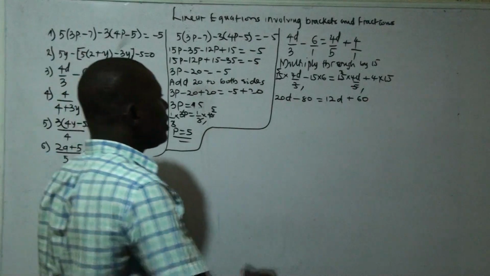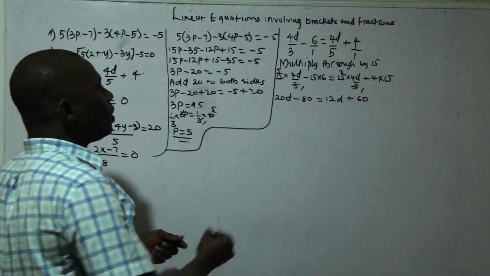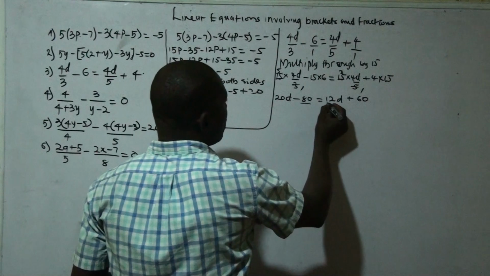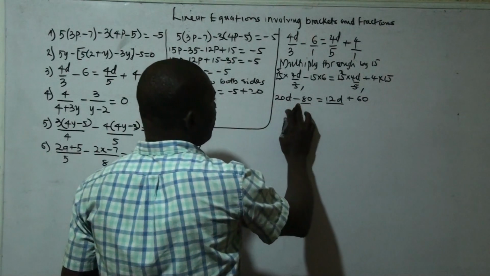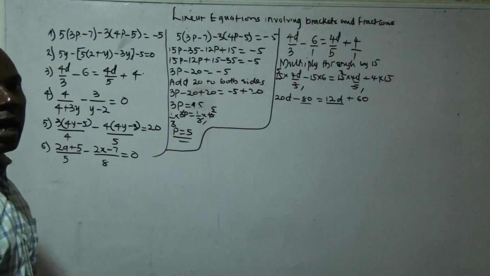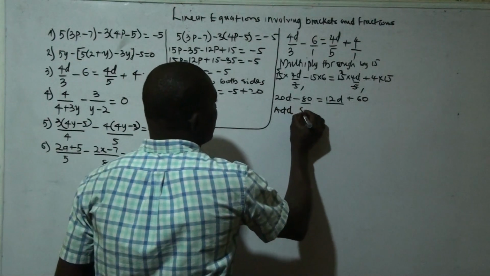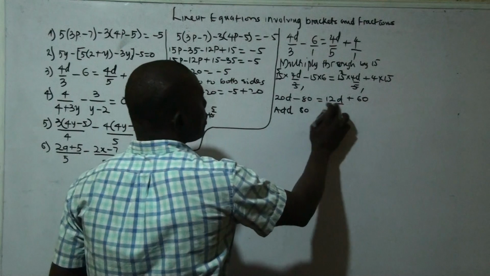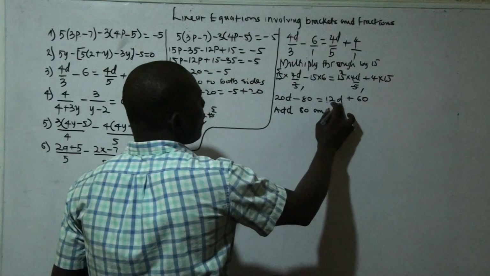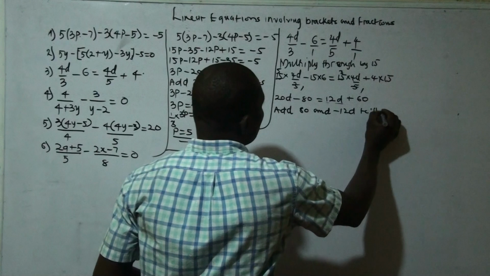Having this kind of linear equation, we collect like terms by identifying the constants and the unknown terms on both sides. We find the additive inverse of minus 80 and plus 12d and add it to both sides. Additive inverse of minus 80 is plus 80, so add 80, and the additive inverse of 12d is minus 12d, to both sides.